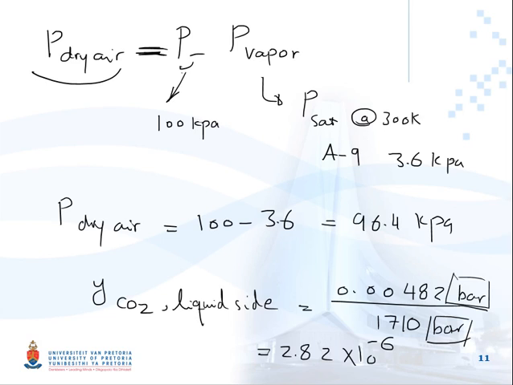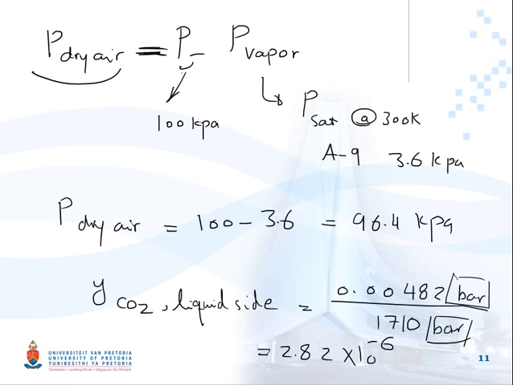After that we said, we consider carbon dioxide as an ideal gas, then the P of carbon dioxide will be proportional to the molar fraction of carbon dioxide, but on the liquid side multiplied by dry air? No, it does not make sense. Why?